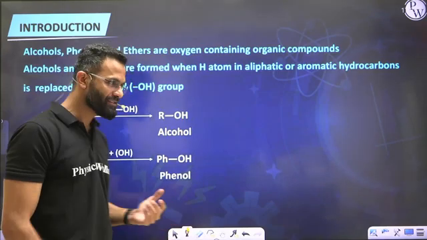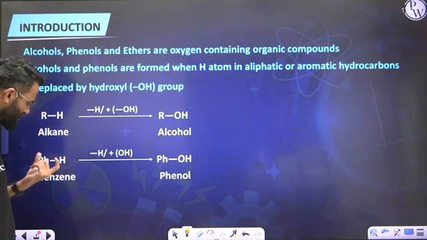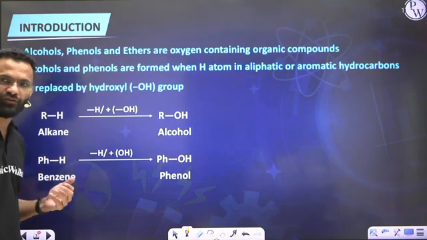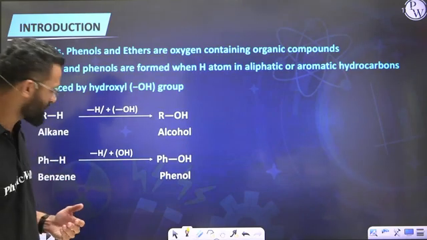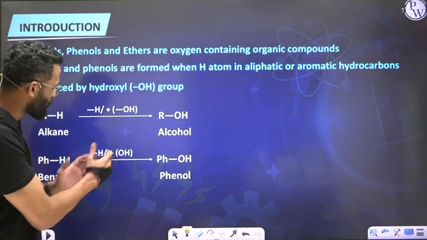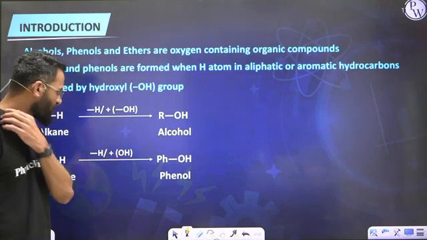Now similarly, imagine we have benzene, C6H5H, which we can also represent as PhH just to highlight one of the hydrogen atoms. I allow this benzene to undergo a substitution reaction where one hydrogen atom is substituted with one hydroxyl group.